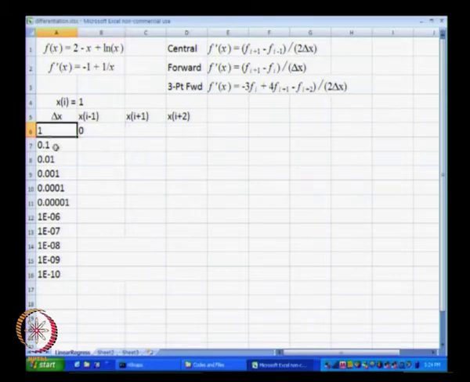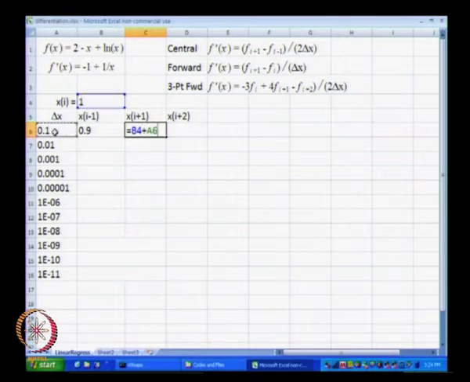Actually I will not use delta x equal to 1, because log of x would then be log of 0 and we will not get anything, so I will eliminate that value. So x of i plus 1 is equal to x of i plus delta x, again with the dollar signs, and x of i plus 2 is x of i plus 1 plus delta x.